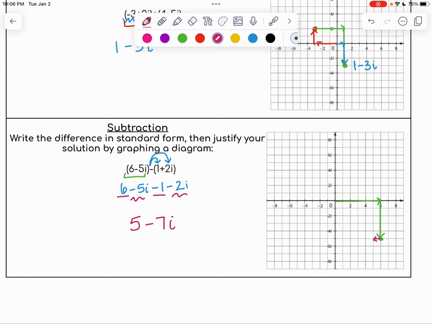So that's going to be down 2 in the imaginary direction. And that gets us the complex point right here. Let's just double check. To get to that point, we would move right 5 and then down 7 for the complex number 5 minus 7i, which is what we got.